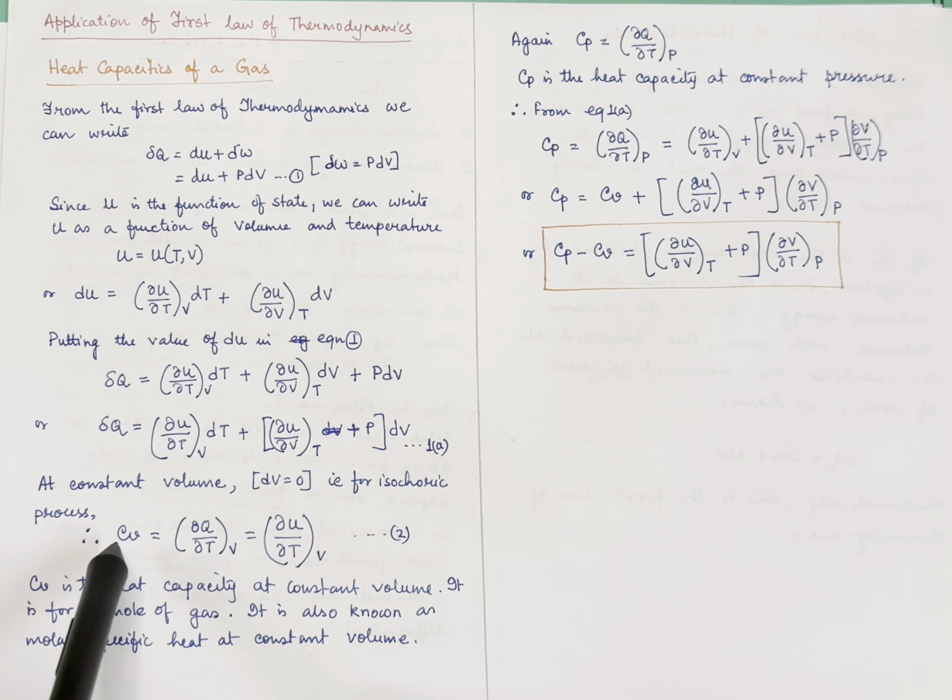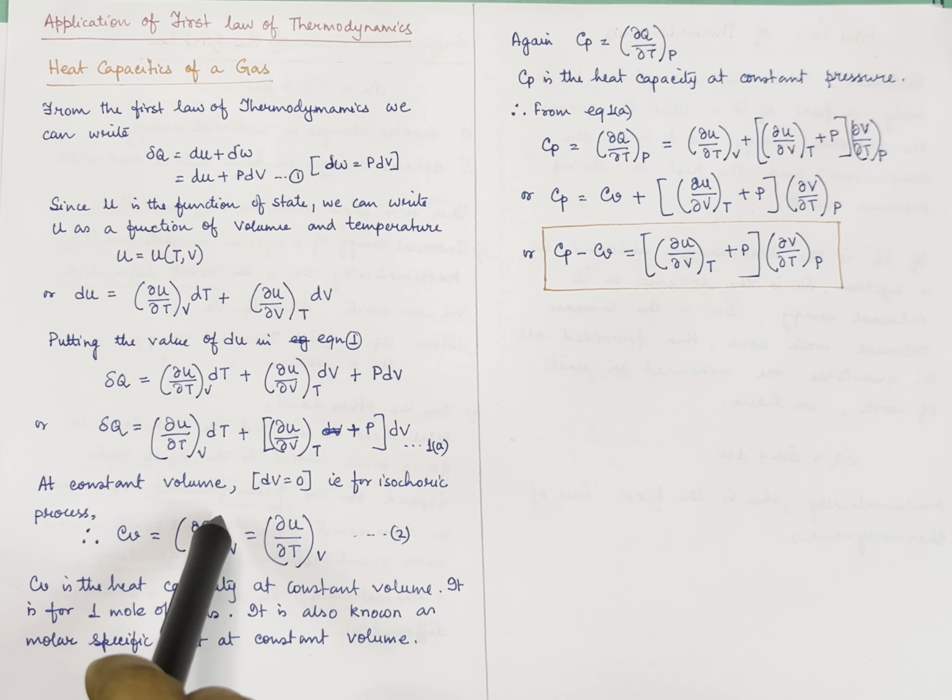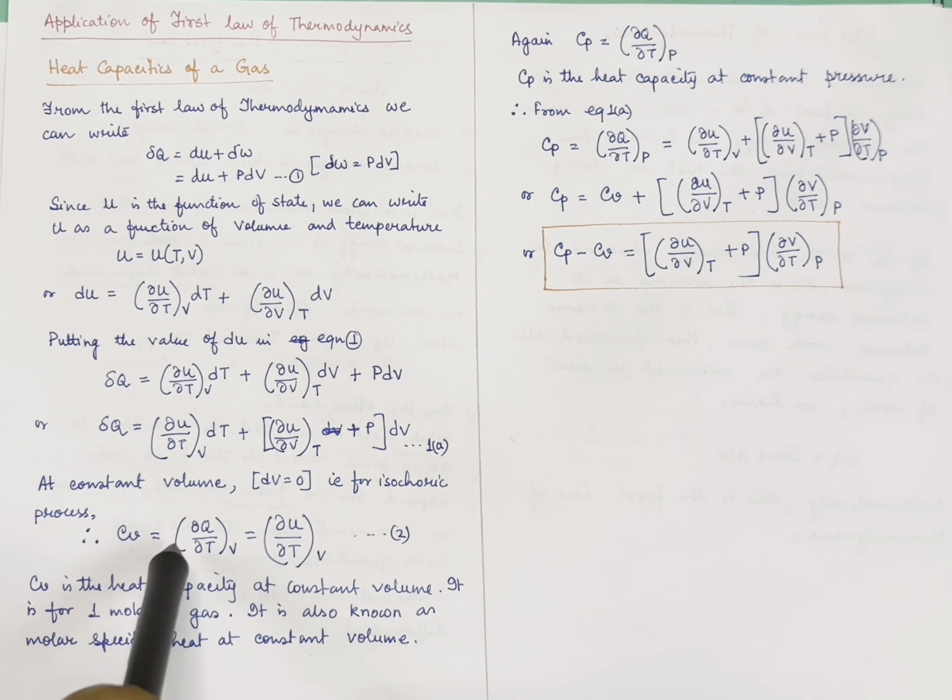So what is CV? As we know from our previous knowledge, CV is the heat capacity at constant volume, and we are taking this for 1 mole of gas, which is also known as the molar specific heat at constant volume. This is the heat required for the system to increase the temperature of the system by one unit while keeping the volume constant.